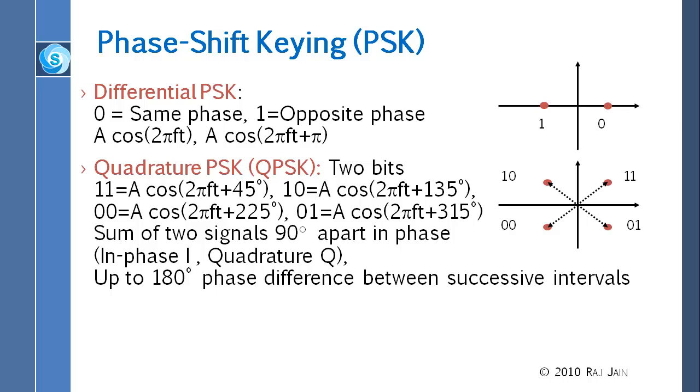One coding is that when we want to send a 0, we will send a sine wave with a positive amplitude, with a phase of 0, and when we want to send a 1, we will send a sine wave with the same amplitude but with a phase of 180 degrees apart. Okay, remember each sine wave has 3 things.